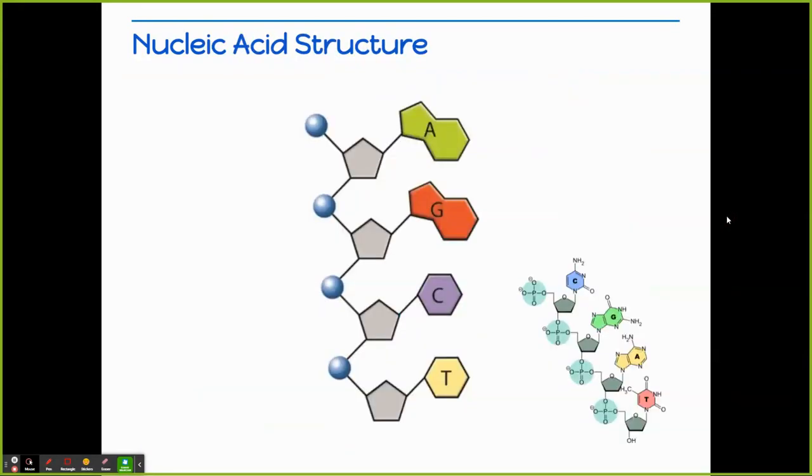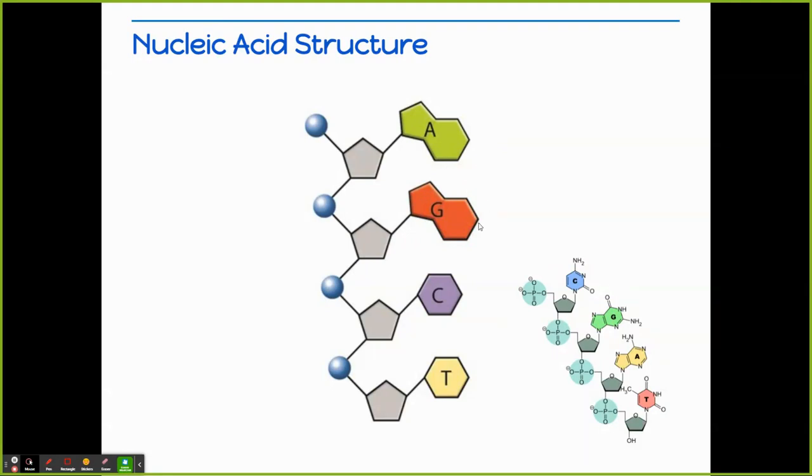All right, so here is our structure of DNA. DNA is made up, actually, all nucleic acids. I keep saying DNA, but I really should be talking about nucleic acids in general. All DNA or all RNA has a structure that looks something like this.